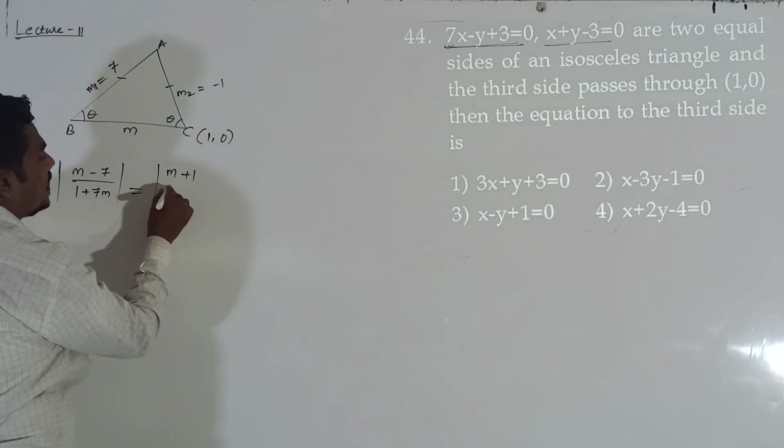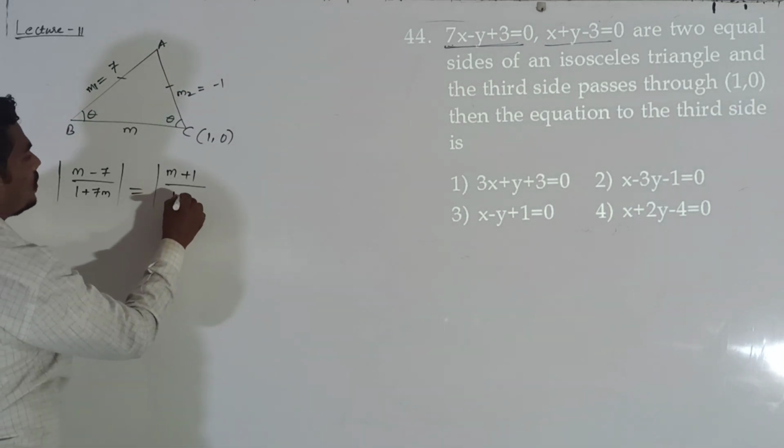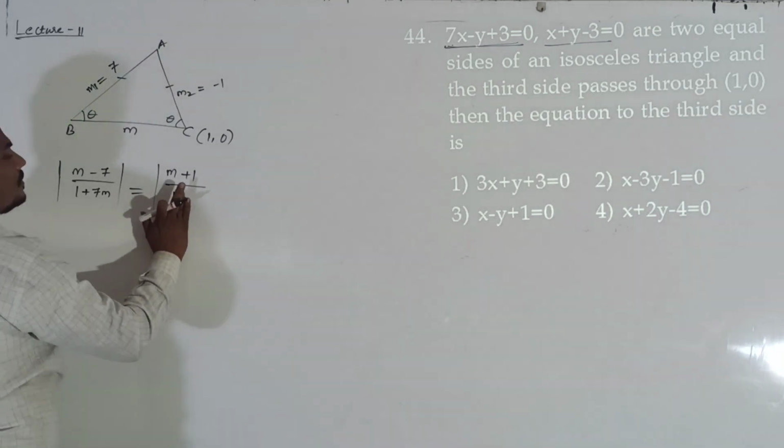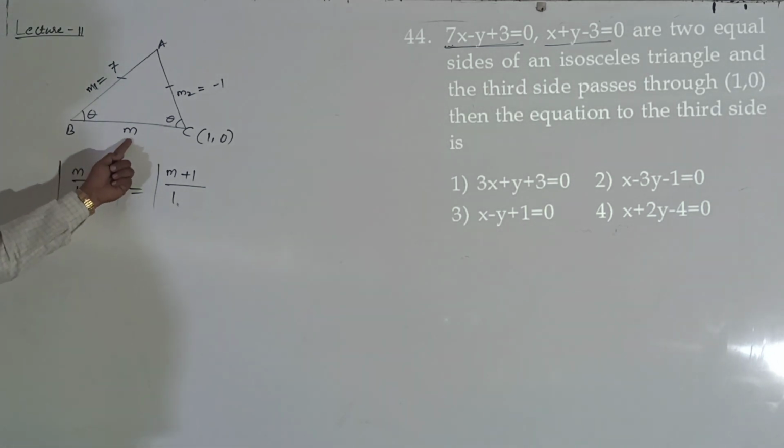That is m plus 1 divided by 1 minus m, right?